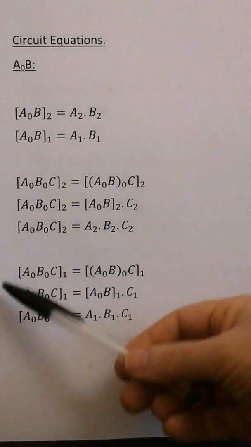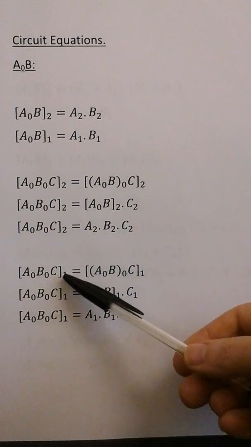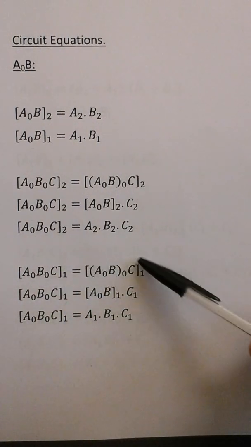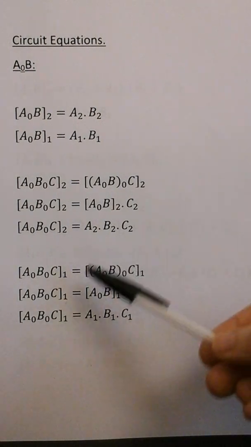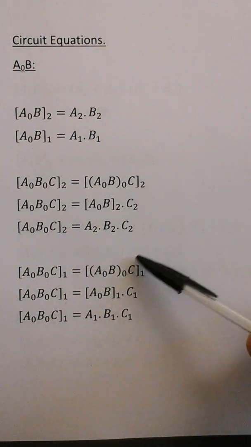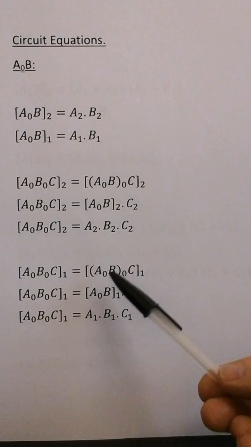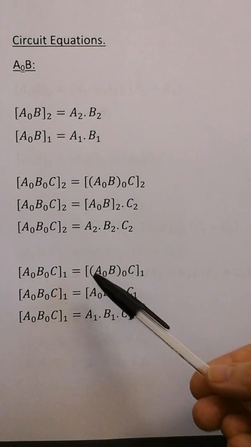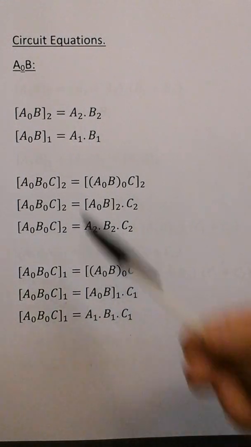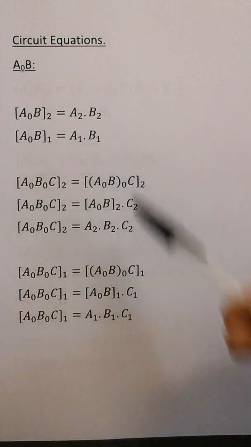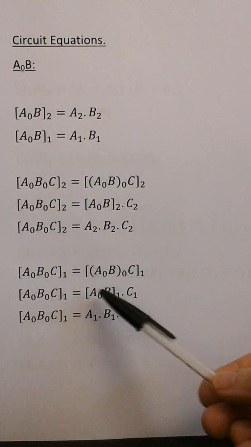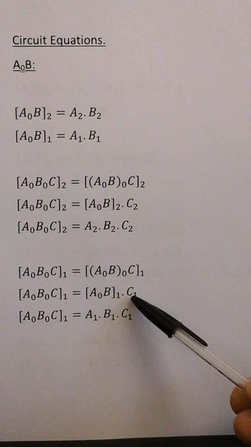Similar thing for A0B0C1, you can split it into A0B0C, with that treated as 1 variable and that as another. So you're making it a 2-variable function. A0B1 equals A1 and B1. So this becomes A0B1 and this becomes C1.